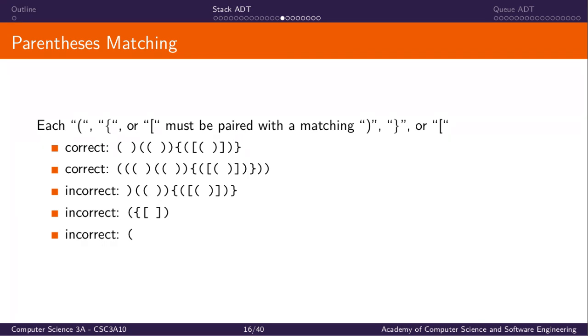So for the very first one, let's see why this one's correct. I push this first one there onto my stack. Then when we get to a closing bracket, we don't actually push it onto our stack. Instead, we pop whatever's on top of our stack and we compare the two. If they match, then we're still happy, we continue.